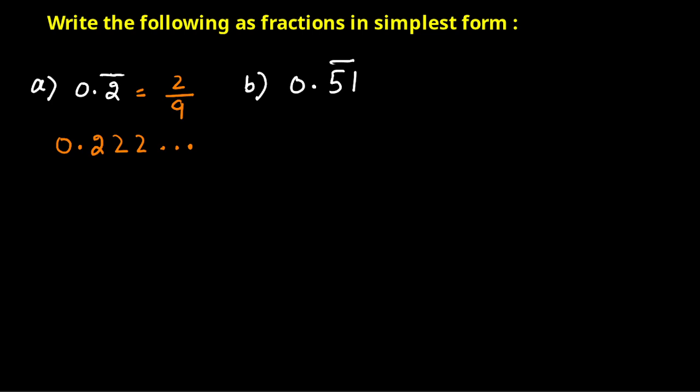In part B, you can check 0.51, where a set of 2 digits is repeating, so you write 51 and put 2 nines, like 99, in the denominator. This is your answer, and both these numbers are divisible by 3, so you can simplify: 3 times 17 is 51 and 3 times 33 is 99.